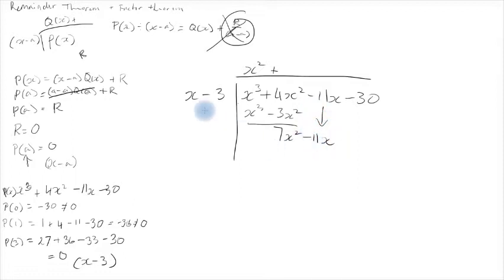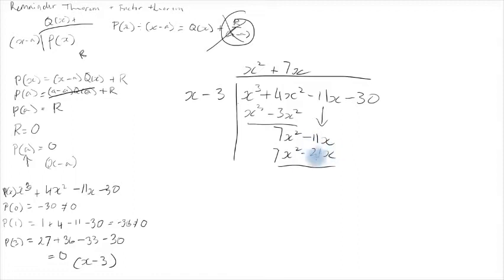How many x minus 3's are there in 7x squared minus 11x? Well, there's 7x of them. So 7x times this: 7x squared, 7x times minus 3, minus 21x.